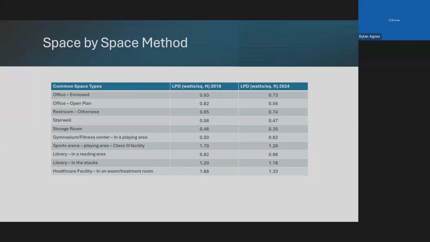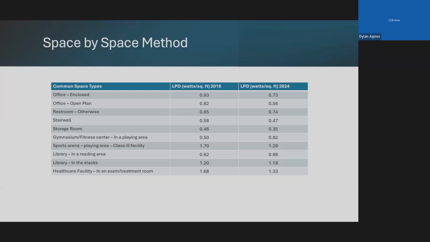And then there are some pretty specific areas. If you have a general space type versus a specific space type, you're required to use the more specific one. If it's not on the list, then you have to choose the next closest applicable space type. This list, the LPD for the building area method and space by space, gets updated every code cycle.